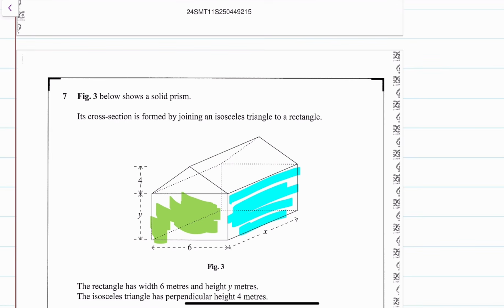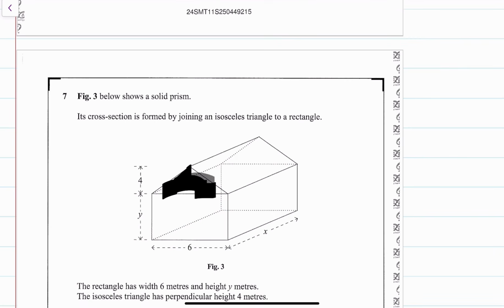You're also going to have the base as well, which is going to be, if you imagine I shade that in this pink colour, that base shape there, you're going to have that. And what else you're going to have? Oh, you're going to have the 2 triangular ends. So we have a triangular end there, and 1 on the far side as well.